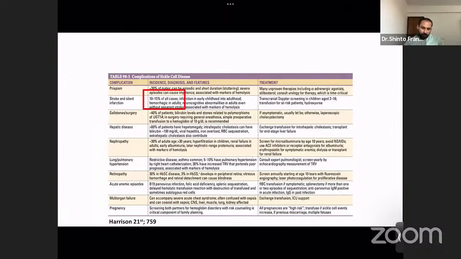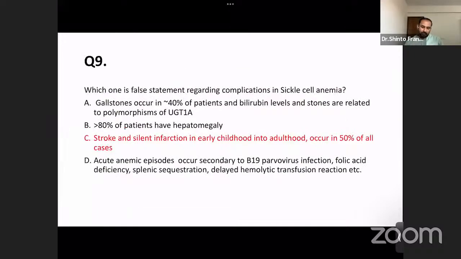This chart will give you an overall incidence of each and every complication, and a few descriptions, because I can't go into detail as this is a module discussion. So this you have to revise. Hepatic disease, nephropathy, pulmonary disease, retinopathy, anemic episodes, B19 infection, folic acid, and splenic sequestration. This question was framed to make you go through the tables of Harrison. Okay, so the answer is C. It is 10 to 15%, not 50%.